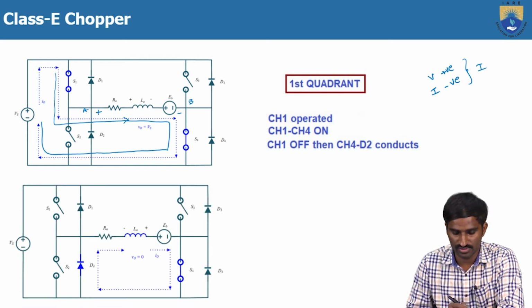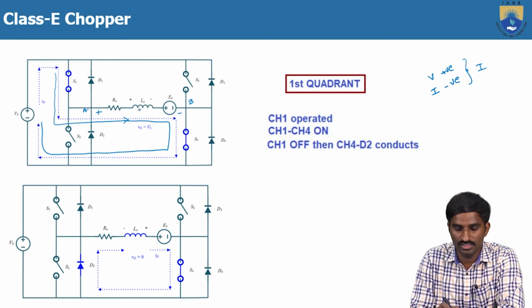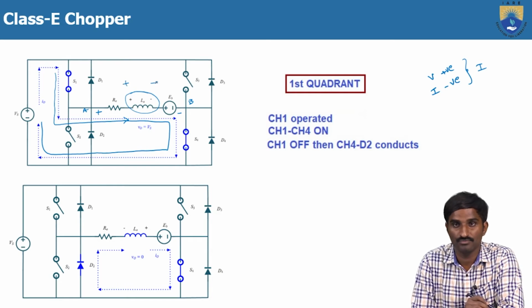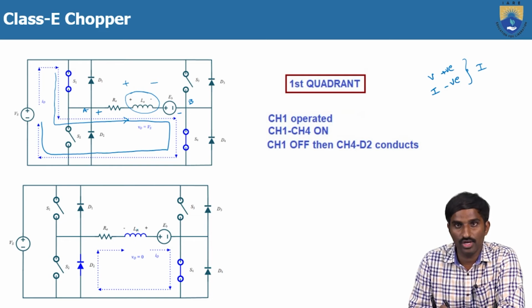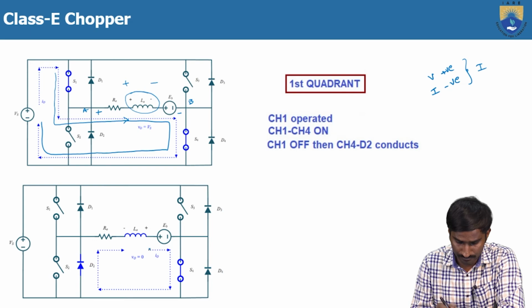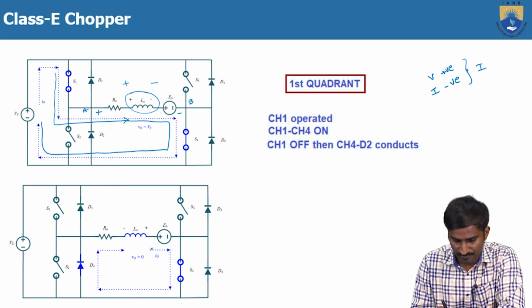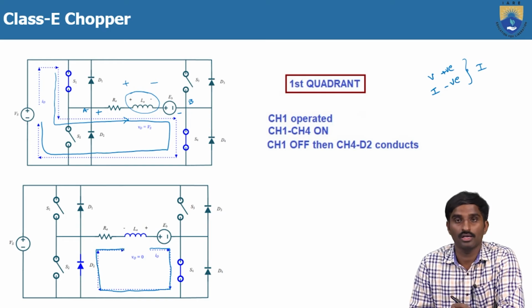When we are turning off the switch, because during the turn on the inductor stores the energy with the polarities of plus and minus, it will change the polarities and it will discharge again in the same direction, which is from L to CH4 to D to the RA.